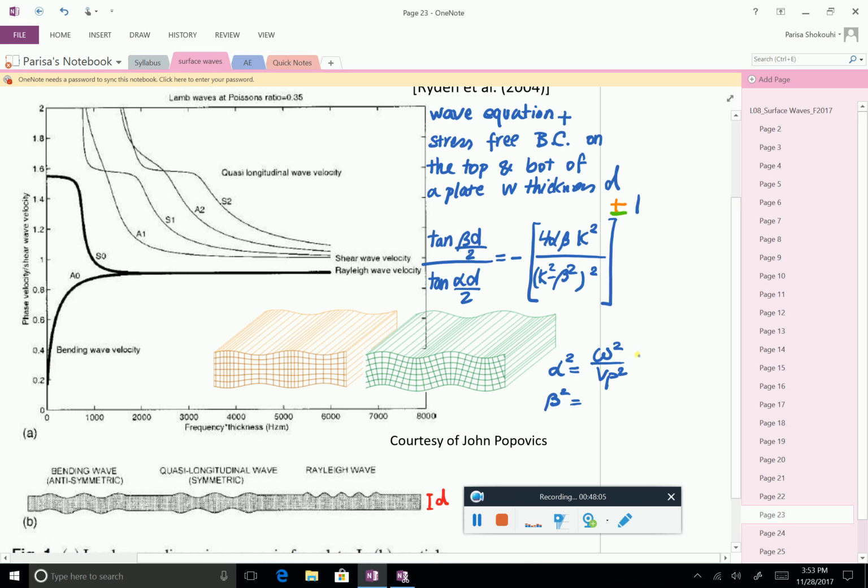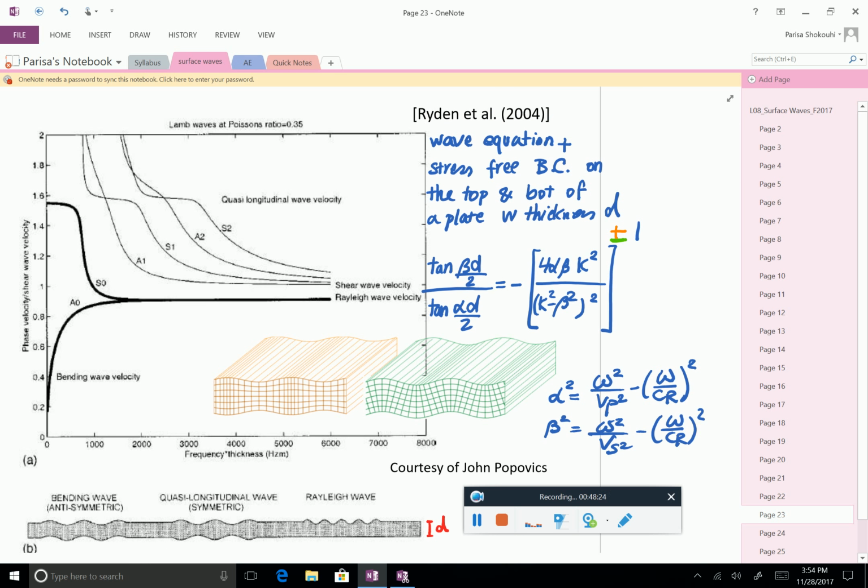This is really the last equation of today. If you have a plate, the thickness is D, so that's what the D is. Omega is frequency, alpha and beta are the P wave and S wave velocities, and c is the phase velocity. If you impose these two boundary conditions, you get these two equations.